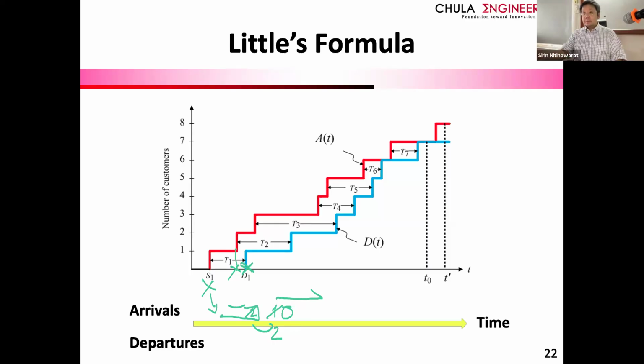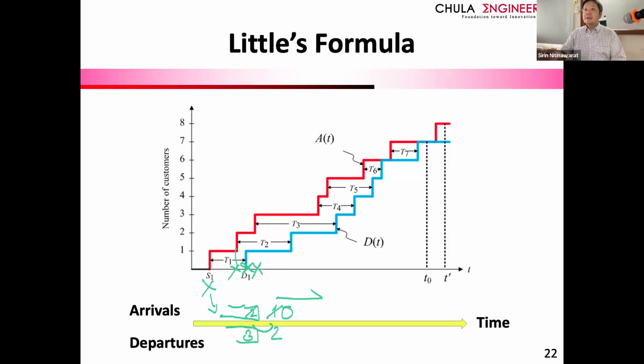That happened at that instant. And then what else? If you progress along the time axis, the third customer arrived. So what happened then? The third customer is queued up, because the second customer has not finished yet.